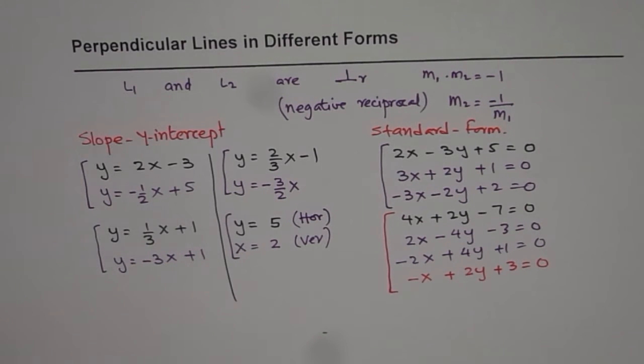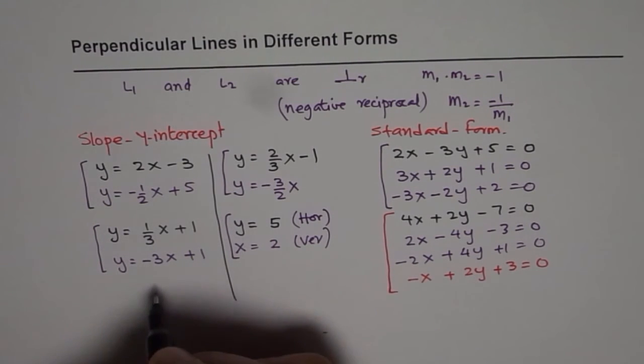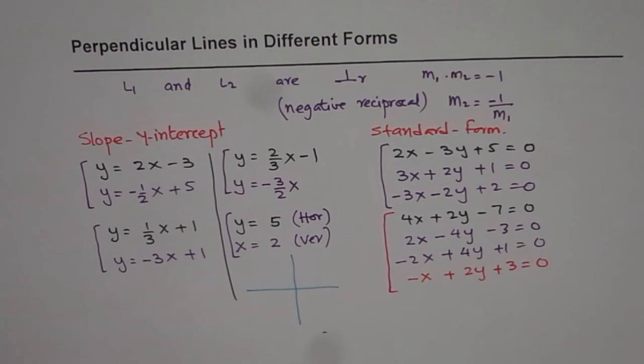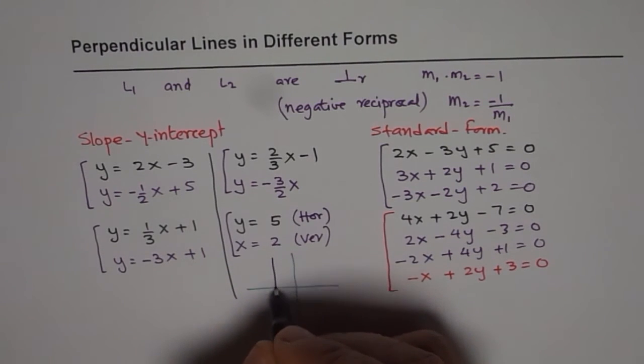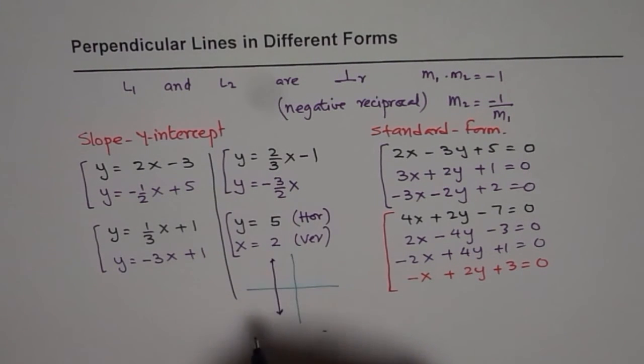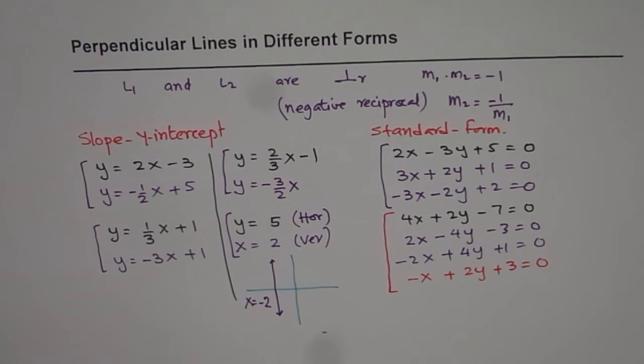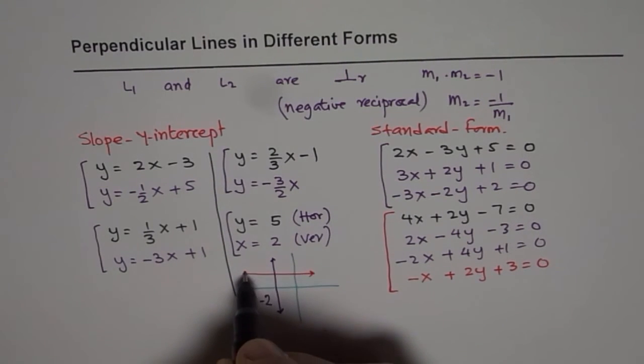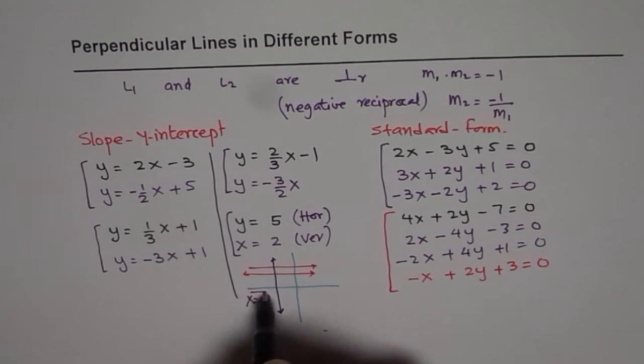Now let's look into a few graphs. As I was saying here, if I draw a vertical line, for example, this is my line, the equation of this vertical line is, let us say, x equals minus 2. In that case, a perpendicular line will be horizontal. It could be like this, like this, like this.